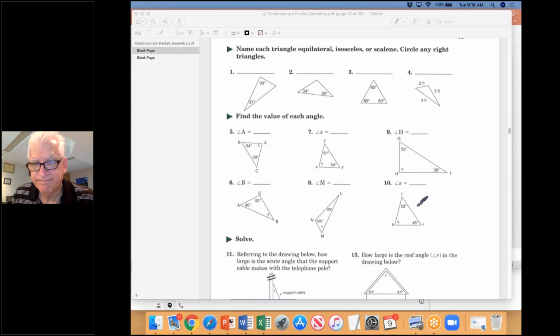And then we've got the same situation, 53 and 45, 98. And so the missing angle, which is S, is going to be 82.